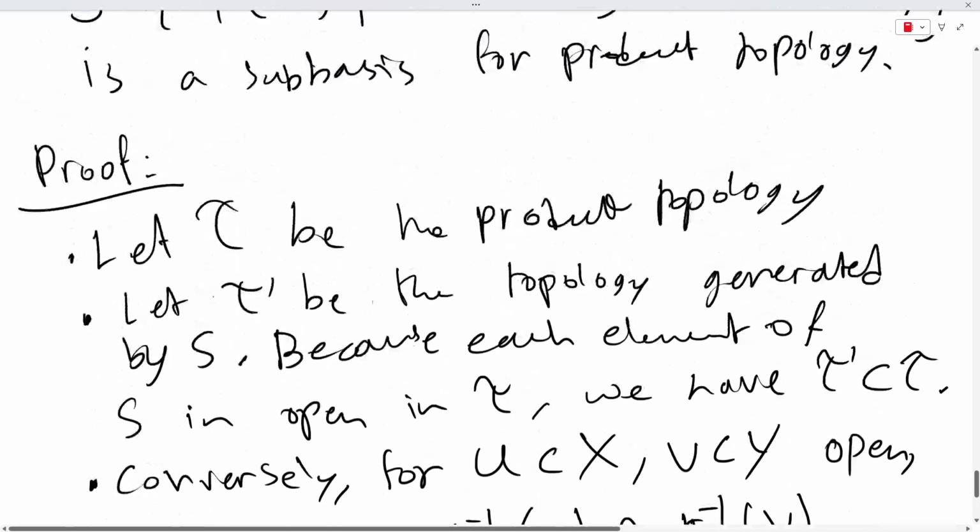Now one last thing in the product topology section is a counterexample.